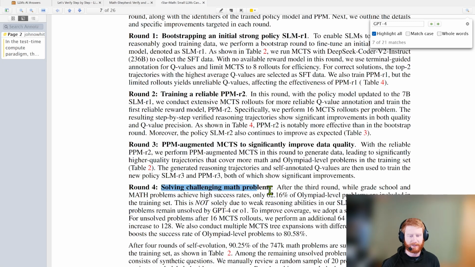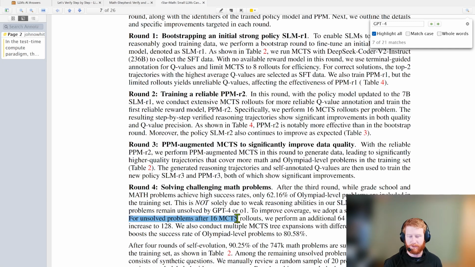In round 4, they actually start saying, look, our models are getting good enough that we should increase the amount of hard problems, right? In these early rounds, with these Olympiad level problems, pretty much all the trajectories are going to lead to incorrect results. It's not going to be very useful. But now we've got a good enough policy model and a good enough process reward model, we can start to include more of these tricky ones.